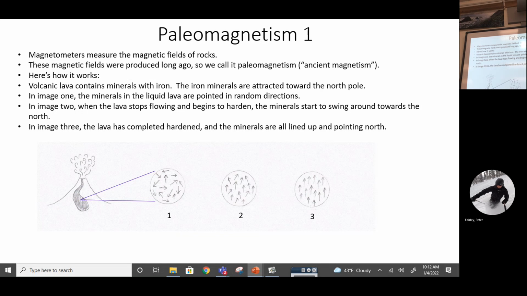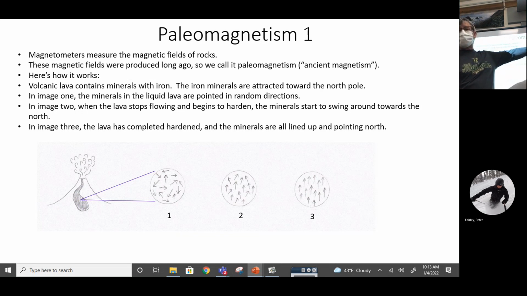A paleo diet. Have you heard of that? That's when people think, oh, I'm going to be healthiest if I eat a diet like a caveman. The ancient diet. Paleo diet. Paleomagnetism means ancient magnetism. So, here it is. There's your definition.